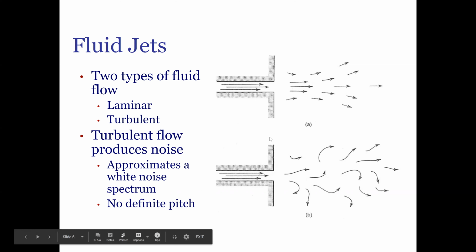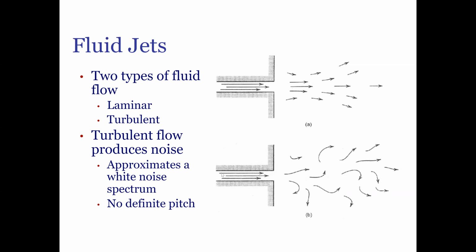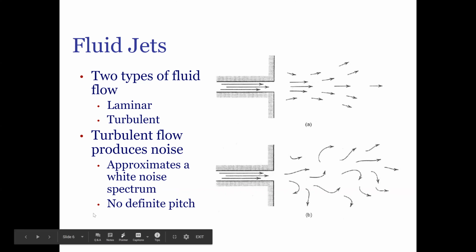And the good thing about turbulent flow for us is that it is going to produce noise, and it's going to approximate a white noise spectrum. There's a big range of pitches that are available with no definite pitch, so you're not going to hear one particular tone. It's just going to sound like noise.